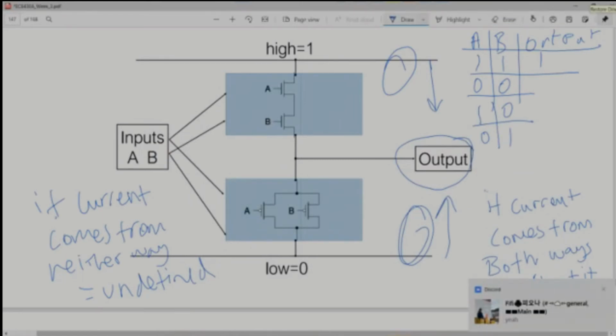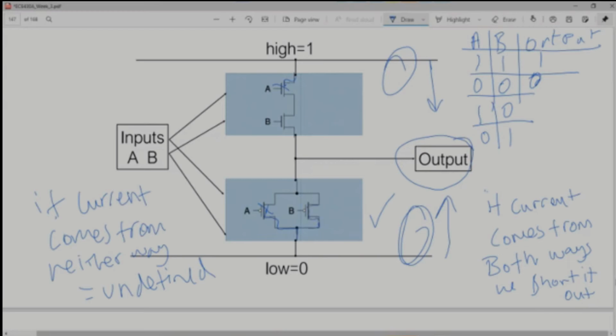So let's go for 0 and 0. We know that it connects this way, so we have one connection here. Let's see if it connects this way. Does it go? No. So we just know it's going to be 0. So let's see 1 and 0. Let's say A is 1. Does it go? No. Let's see if B is 0, sorry.